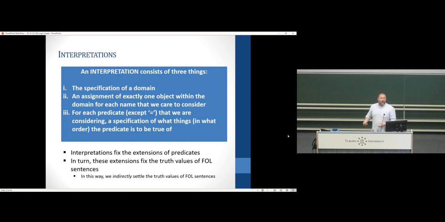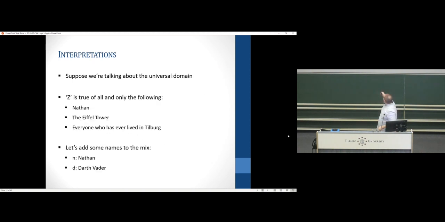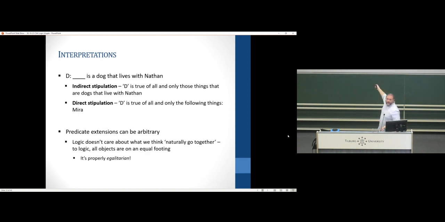You can do either when you're building. Sometimes it's very helpful to do it indirectly. Often it's easier to do it directly, listing the things that are in this predicate. But if you have 180 things in your domain, you don't want to do that. Good question.